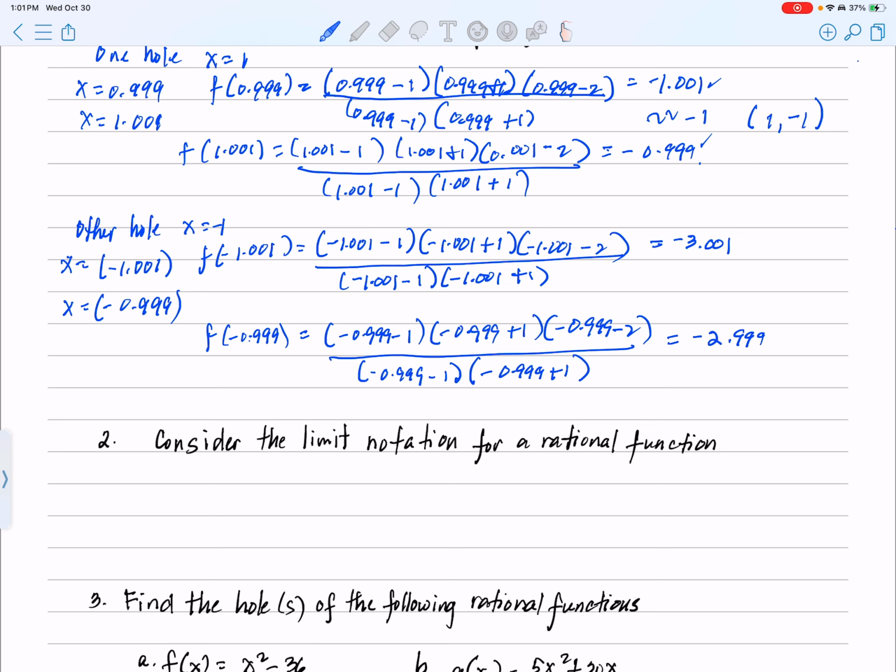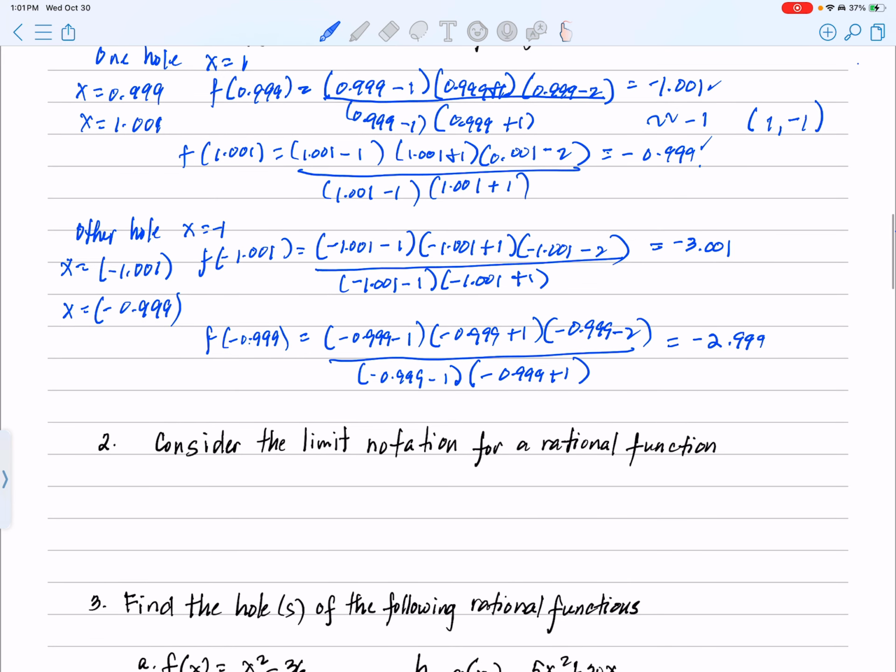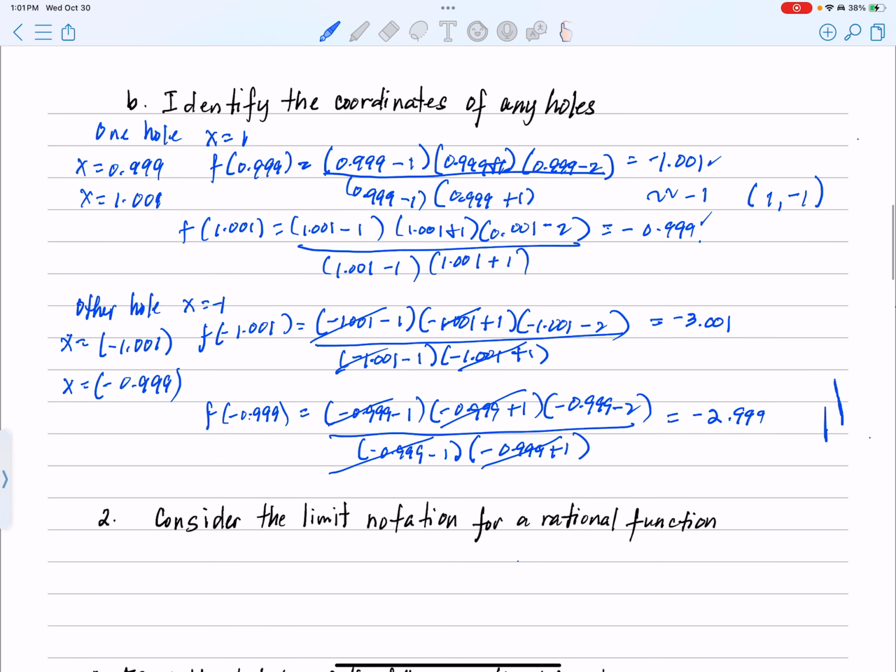Actually, by doing this, you can cross that out. Right? So when you have negative 0.999 and then add it with a negative 2, then you come up with a negative 2.999. And doing the same thing with this, you can cross that out. So by just looking at it, then you can cross this out.